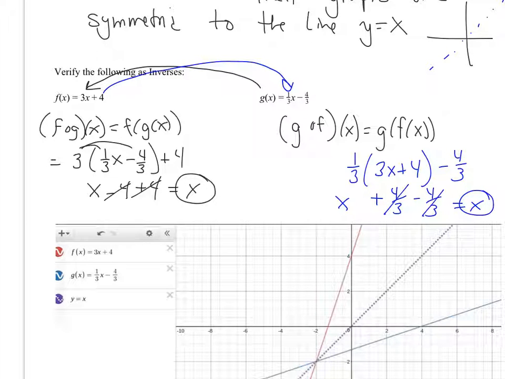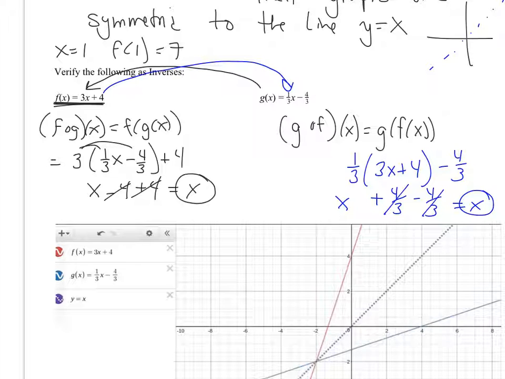Now the cool thing about being an inverse, let's pick any number. Let's pick an x of 1. Well, if I plug 1 into this first function, I get 3 times 1 plus 4, which is 7.